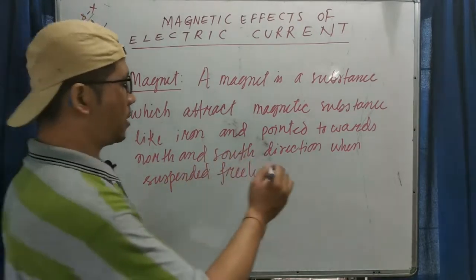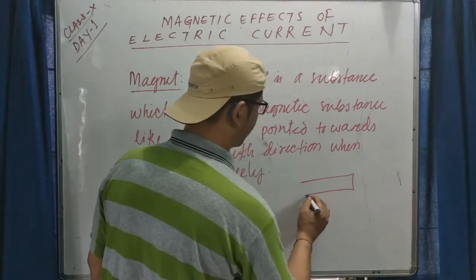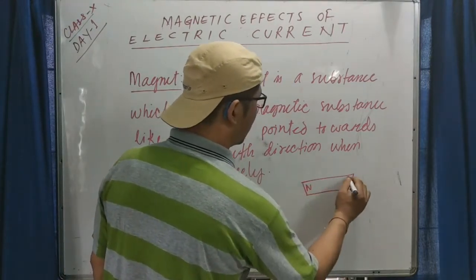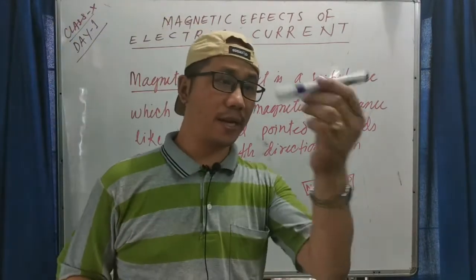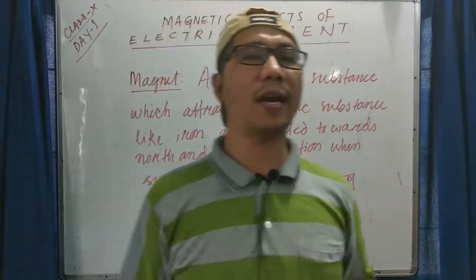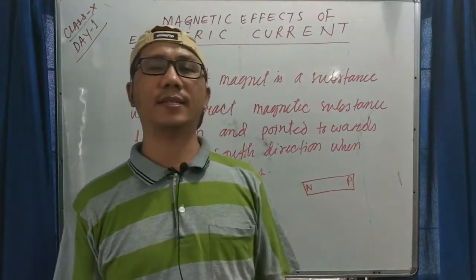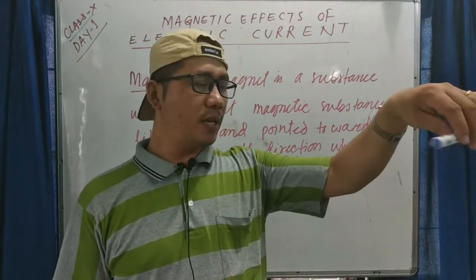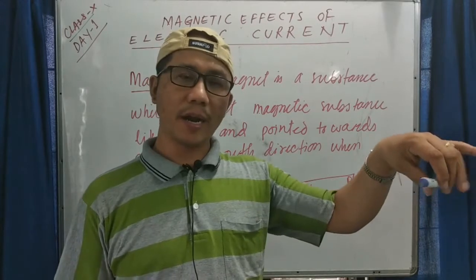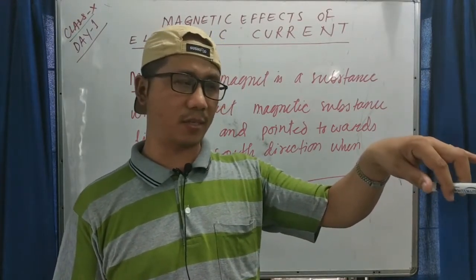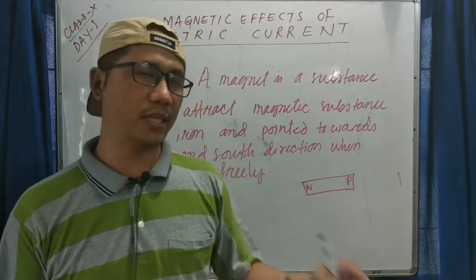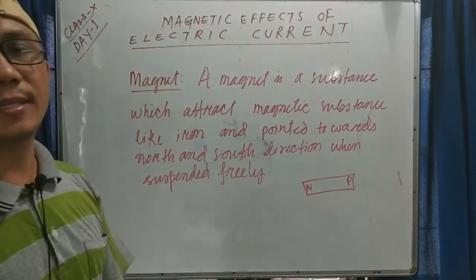So here this is a magnet. It has two poles, north and south pole. So a magnet attracts a magnetic substance, and when we suspend it freely, it will point toward the north and the south directions. Okay, this is called a magnet.